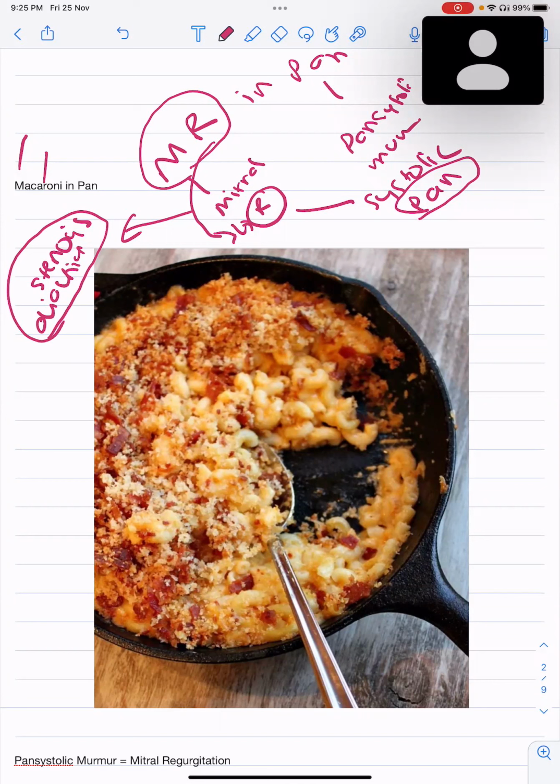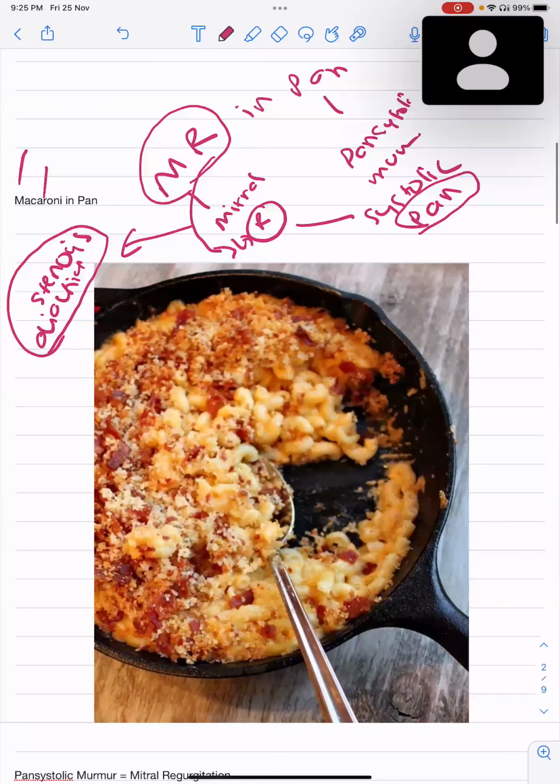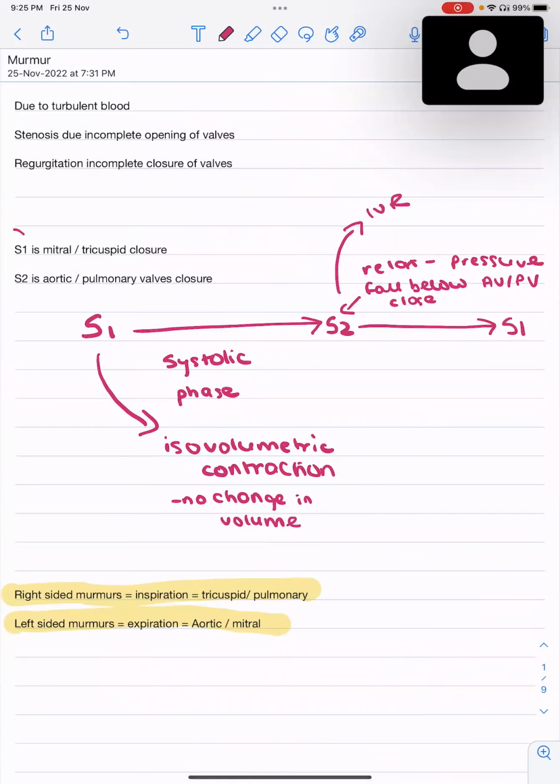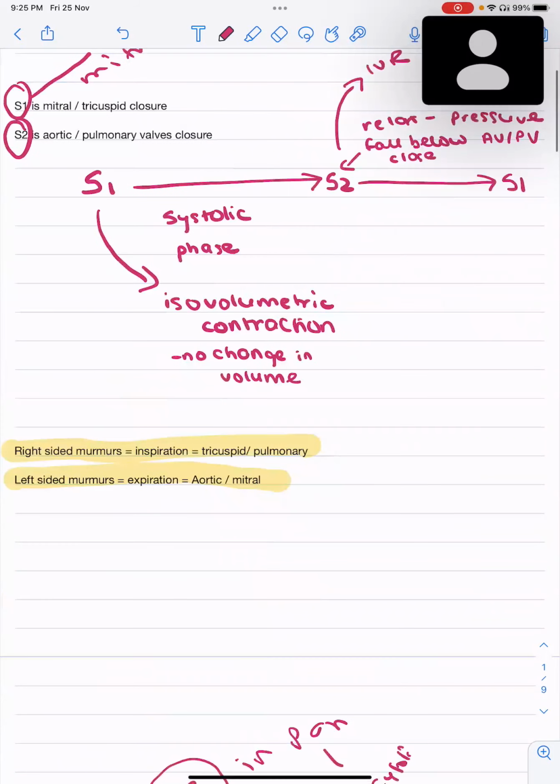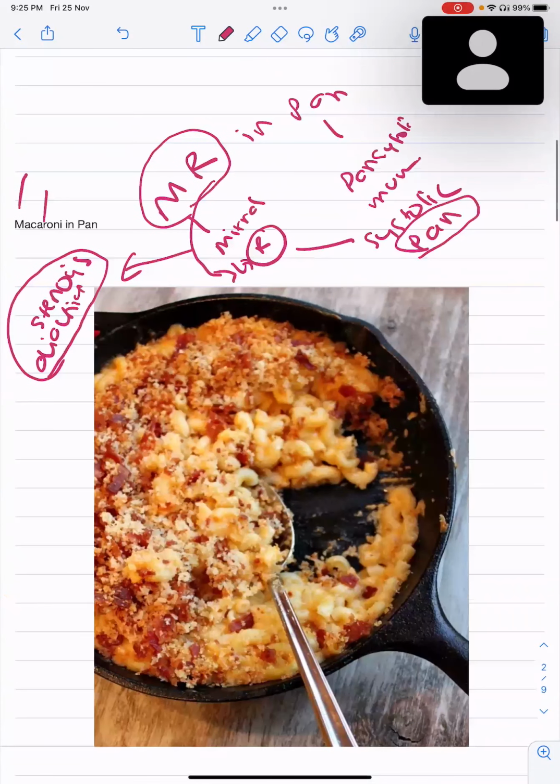Now coming back to S1 and S2. The way mitral behaves, the tricuspid is going to behave as well. Let me make it more clear. If there is mitral regurgitation in pansystolic, there can also be tricuspid regurgitation.